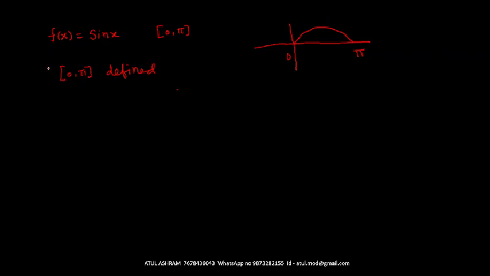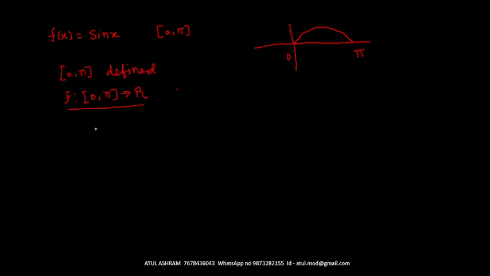So the function is defined on closed interval. So you can say like this: f is defined from closed interval [0, pi] to R. If f(x) is sin x, it is defined on closed interval [0, pi].